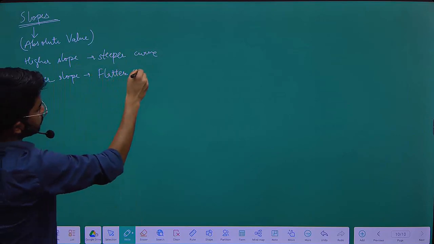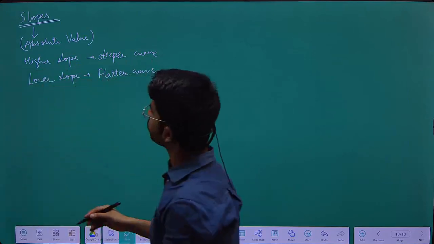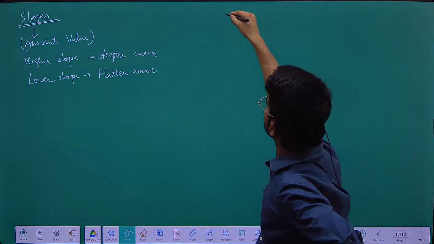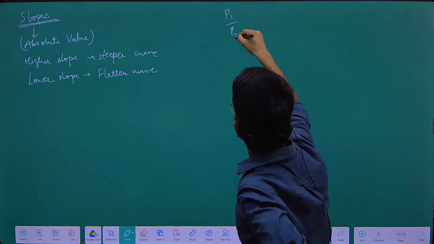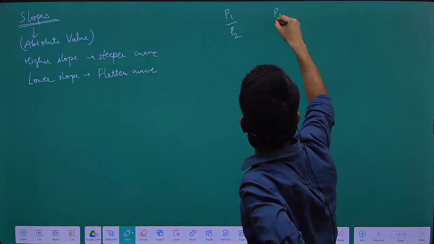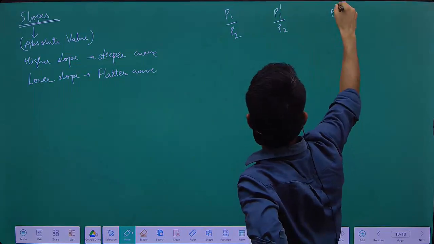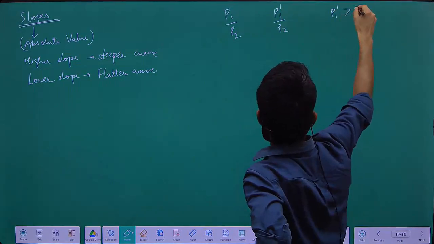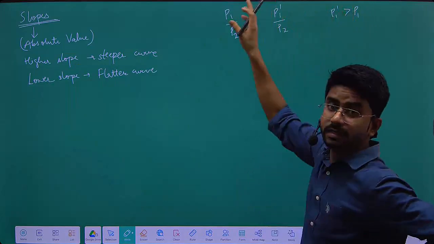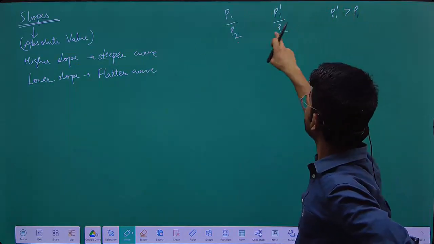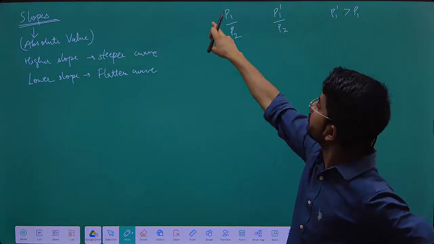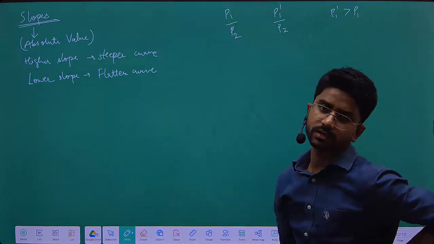Always remember this. So if you have a scenario like this, P1 upon P2, and if you have P1 dash upon P2, and you have P1 dash being greater than P1, in that case, you will have the same denominator here, but the numerators are different.